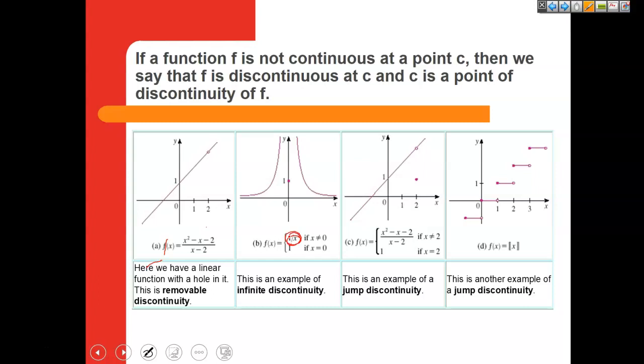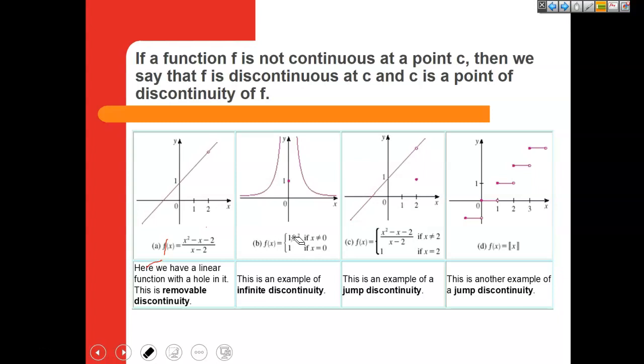In this case, there is a point at 1 on 0, but it's still discontinuous because the graph was going to infinity around it. So the left-hand limit and the right-hand limit existed, the point existed, but the limit and the point did not exist.